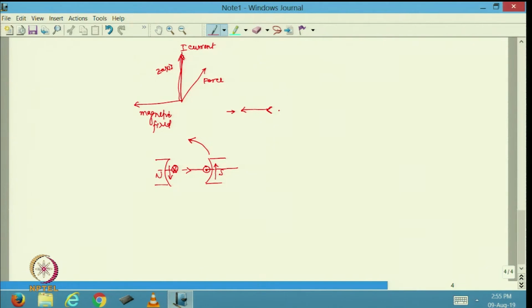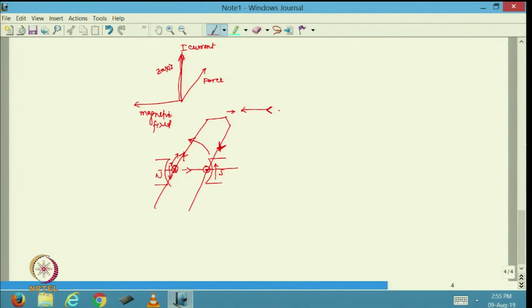If I am looking at a conductor like this, I can say the current goes inside like this and comes out like this. This is how it is going to be, right. So, the current will come out like this and it will go in like this. We are looking at the arrow like this. So, that is why this is going to be a cross and this is going to be a dot, right.